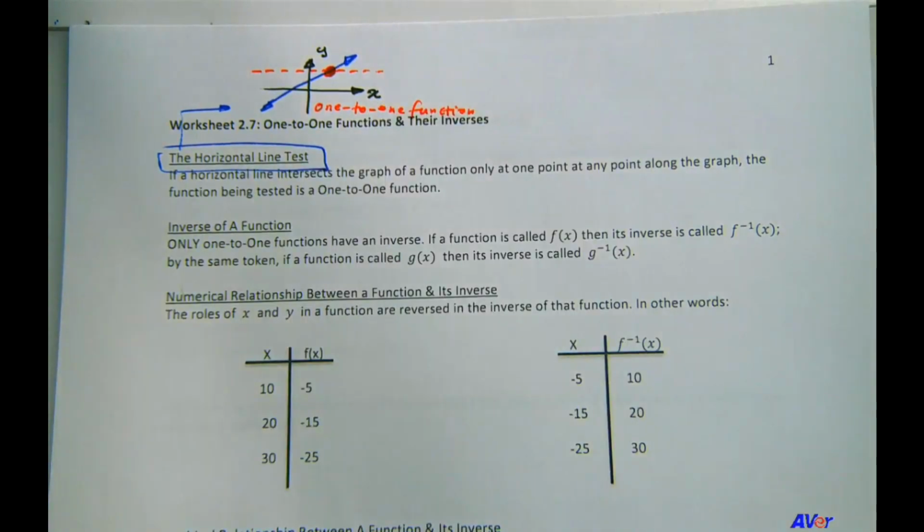Okay. Remember, the vertical line test tells us whether we have a function or not. The vertical line test said, this is in the past, that if a vertical line intersects the graph at one point, then that graph is associated with a function.